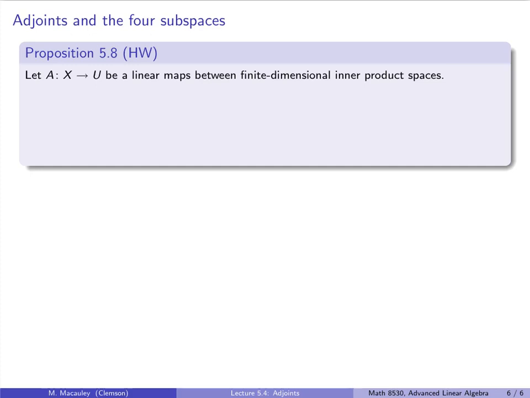Finally, I want to finish with a few words about adjoints and the so-called four subspaces, which is a topic of a previous lecture. So go back and check that out if you haven't already. And I'll call this Proposition 5.8 and leave most of this as homework.